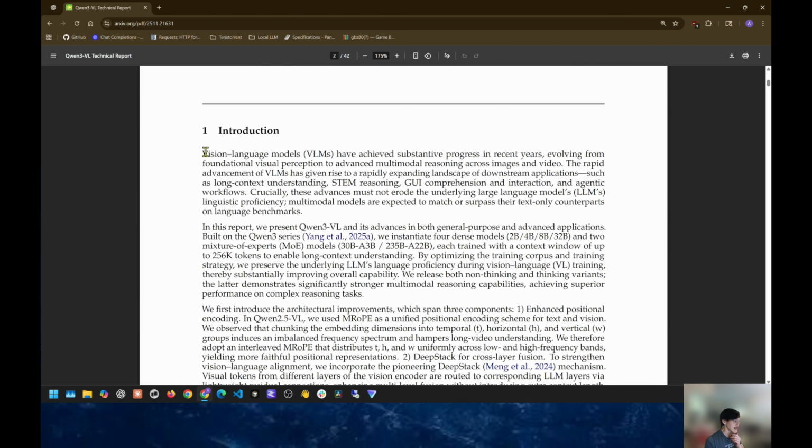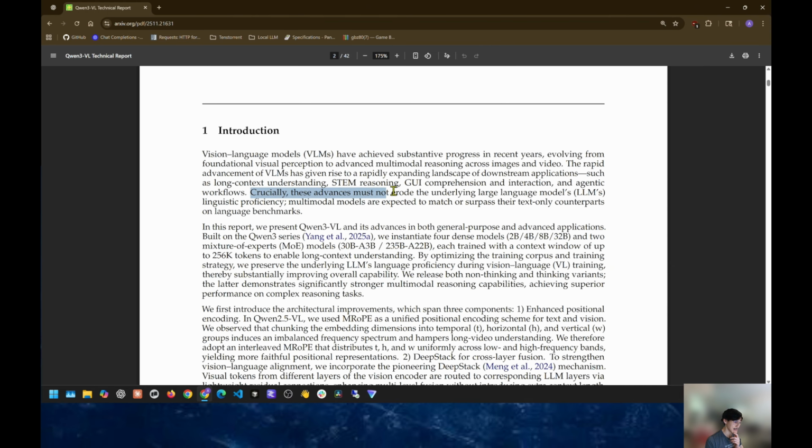Introduction. Vision language models, VLMs, have achieved substantive progress in recent years, evolving from foundational visual perception to advanced multimodal reasoning across images and video. The rapid advancement of VLMs has given rise to a rapidly expanding landscape of downstream applications, such as long context understanding, STEM reasoning, GUI comprehension and interaction, and agentic workflows.